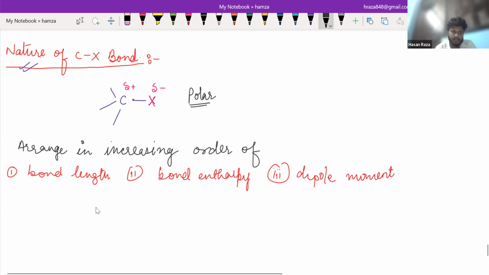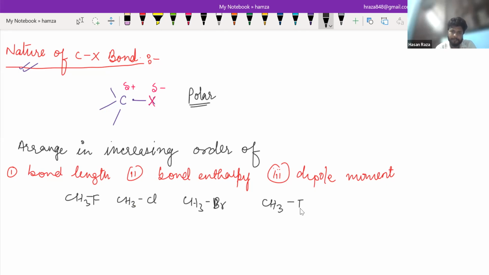So basically this is the list of compounds: CH3F, CH3Cl, CH3Br, CH3I. So you are going to arrange these A, B, C, D, 4 compounds in increasing order of their bond length and then bond enthalpy and then dipole moment. Can anyone do this?